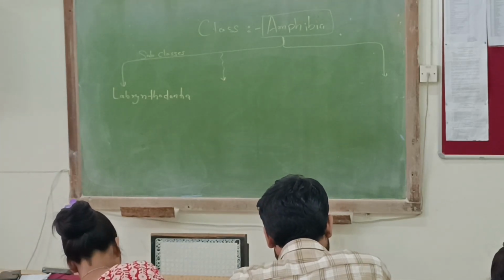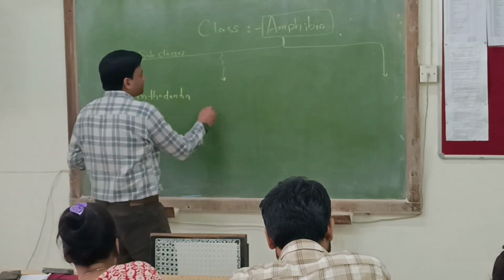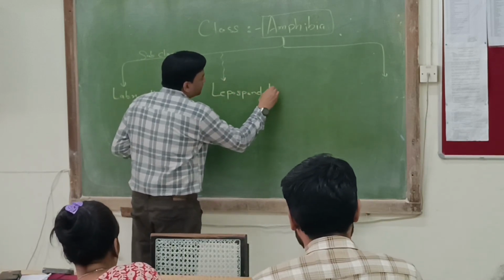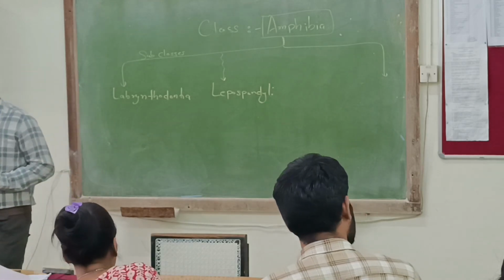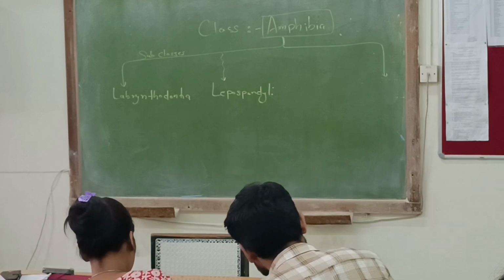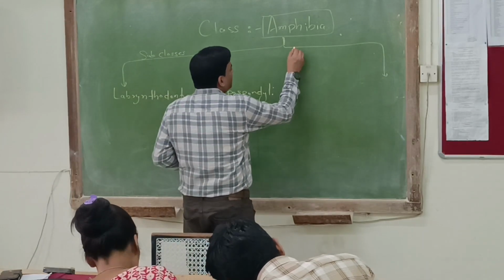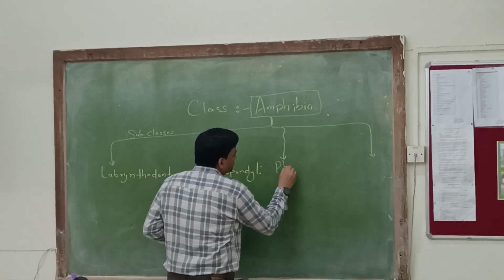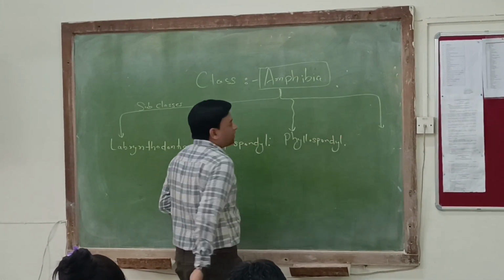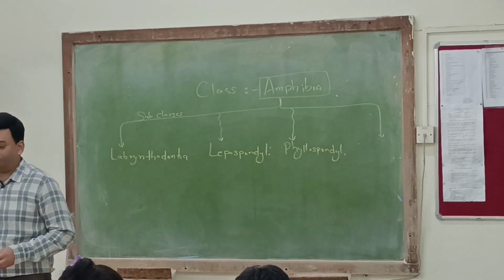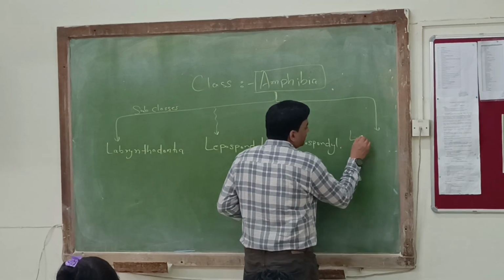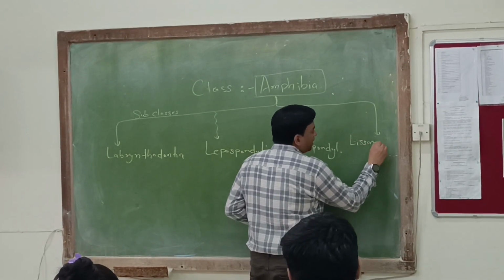Second is Lipospondyli. Third subclass is Phyllospondyli. And the fourth subclass is Lissamphibia.